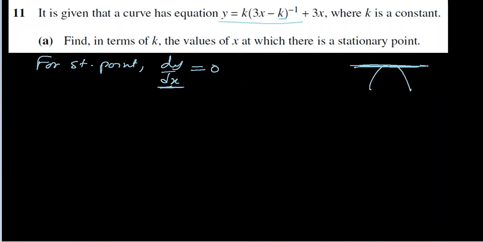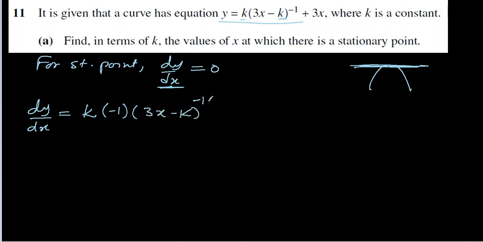So let's differentiate this first. So dy over dx, I'm doing this straight away. K is a constant, we won't touch it. Now we will differentiate this one. For differentiating, it's a linear function inside, so this minus 1 comes in front, and the exponent of 3x minus k goes down by 1.